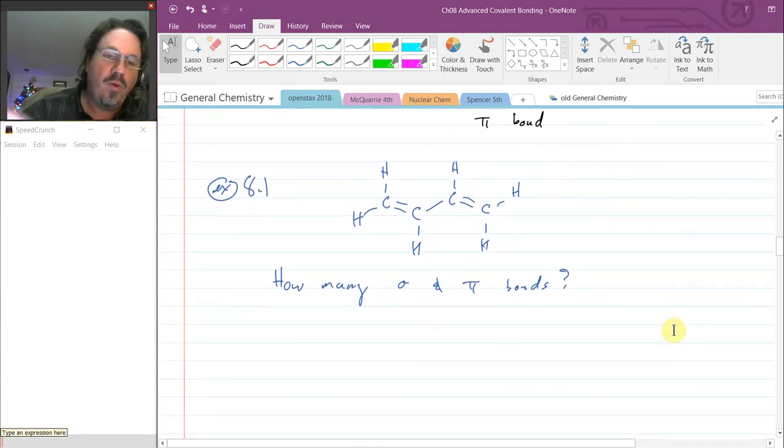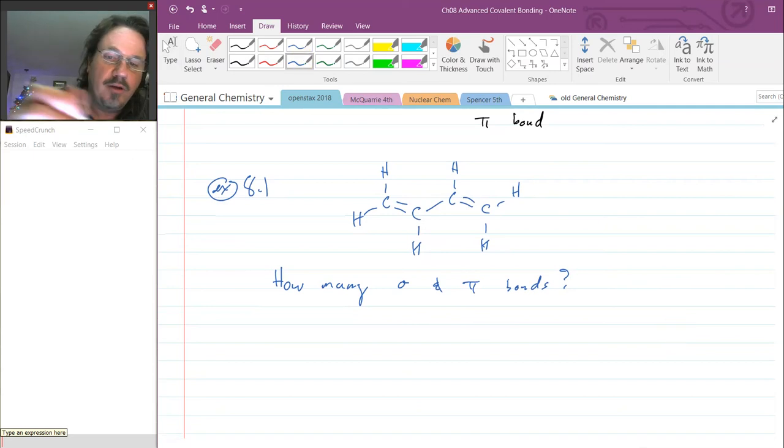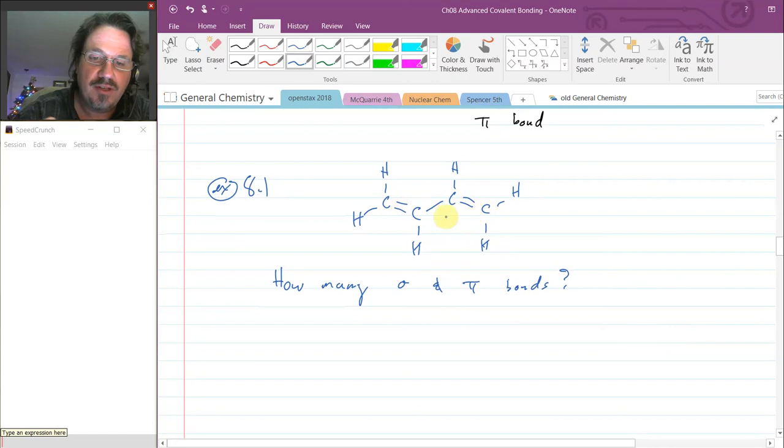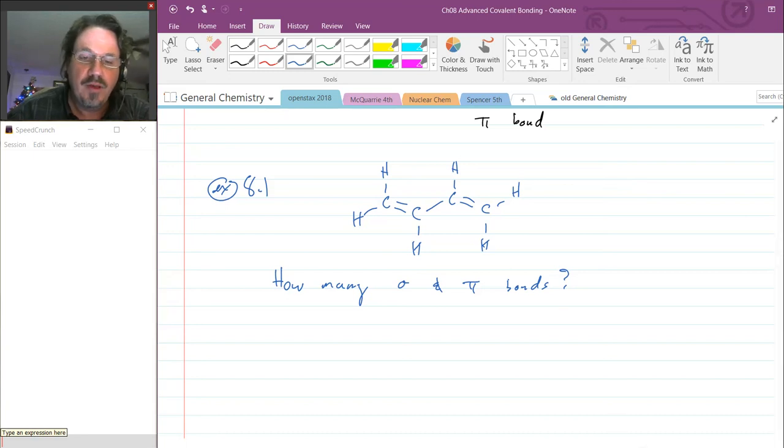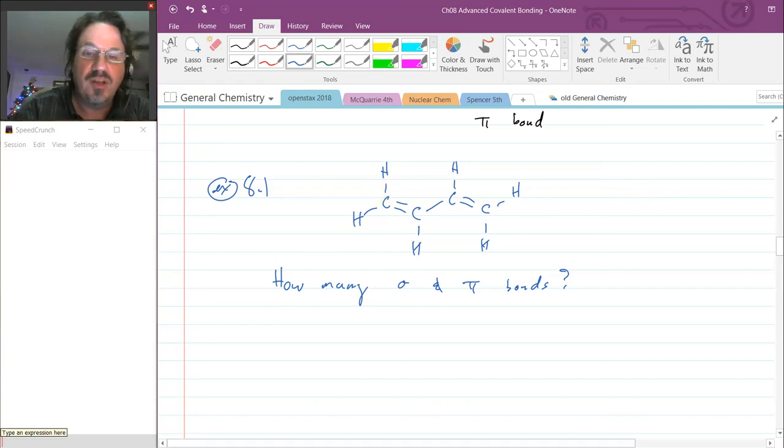Example 8.1 does that with a larger, more complicated molecule. I've got 4 carbons here. I've got double bonds, a single bond, and H's that are single bonds. The question is, how many sigma and how many pi bonds are in that molecule? Pretty simple to answer that. I just count them up. All the singles mean just a sigma: 1, 2, 3, 4, 5, 6, 7.